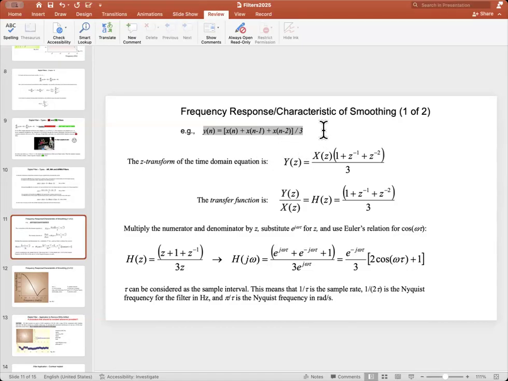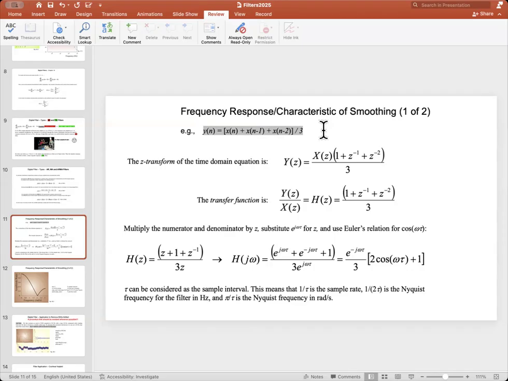So at least it is a causal filter. We could make it also non-causal, of course. Then it would be x[n+1], x[n], and x[n-1]. Then it would not be causal because it would be depending on the future x[n+1]. But in this case, I took a causal version.